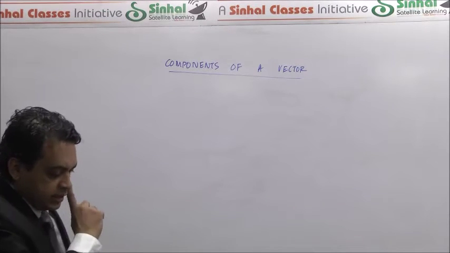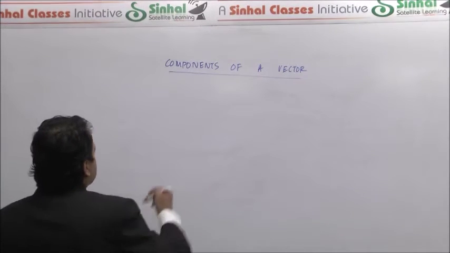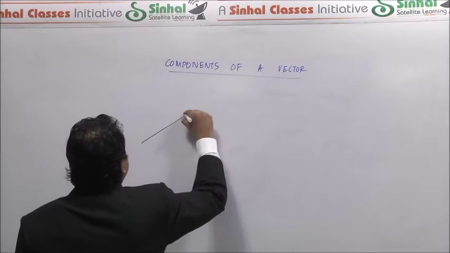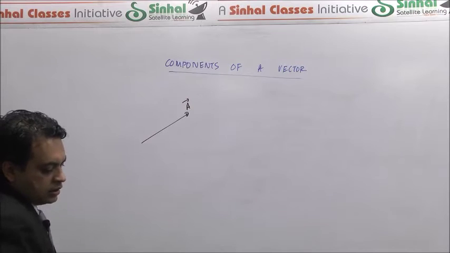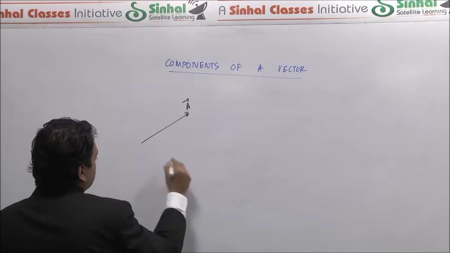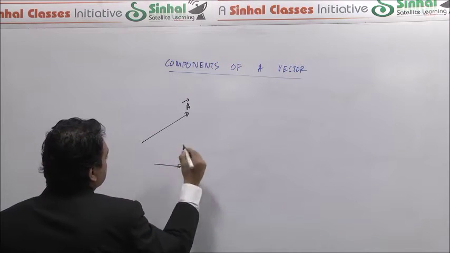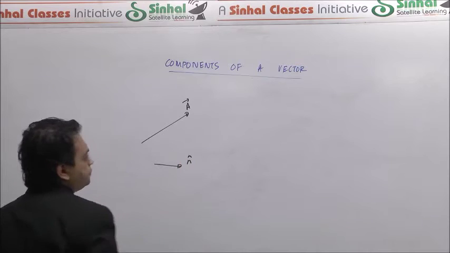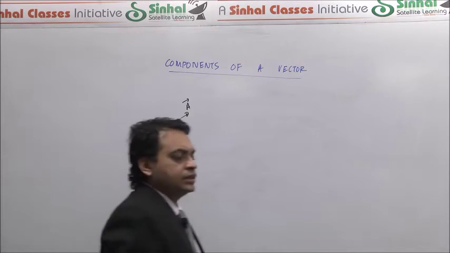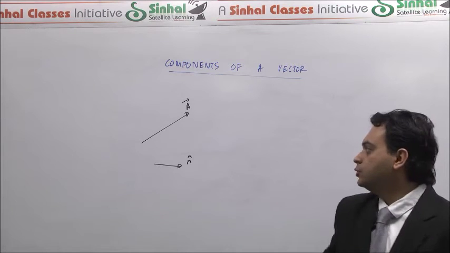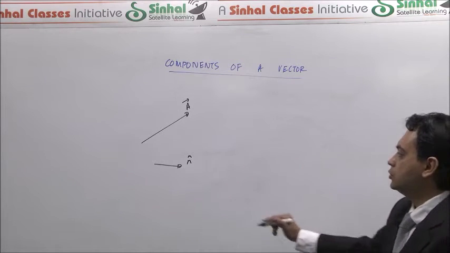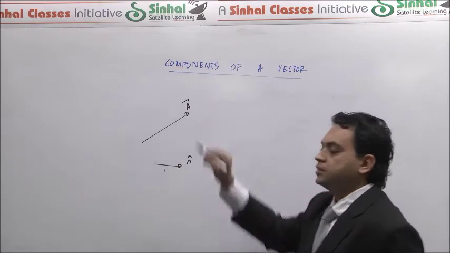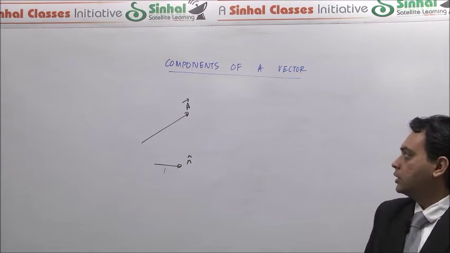Let's try and understand that. Okay. So let us say we have a particular vector A, okay, and we have, let us say, a unit vector given by n cap. Okay, so A is any arbitrary vector, and n cap is any particular unit vector that is defined in the direction that is shown. So its magnitude is 1, whereas A has a magnitude of mod A, whatever.